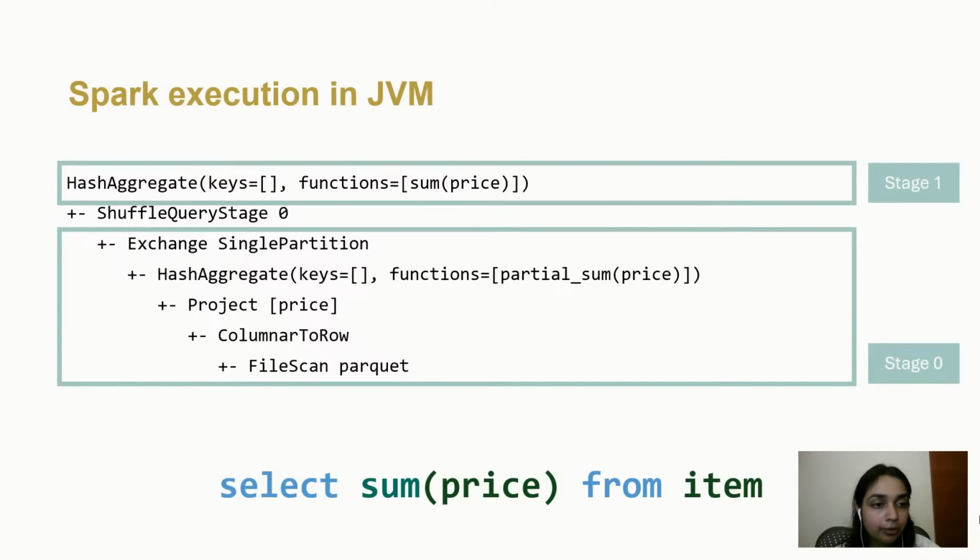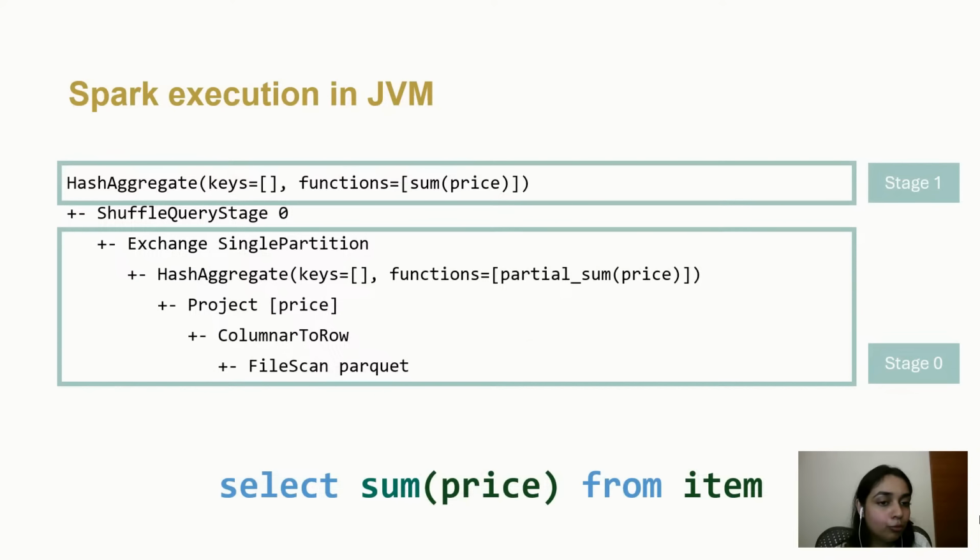If you look at the operators that are being executed to get you the results of this aggregation query, you start with a file scan on a Parquet file. This then needs to be converted from columnar to row, because Spark is a row-based engine. Once this data is converted to row, just the particular column that you want, which in this case is price, is projected out.